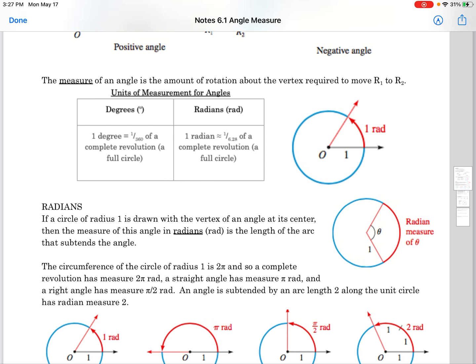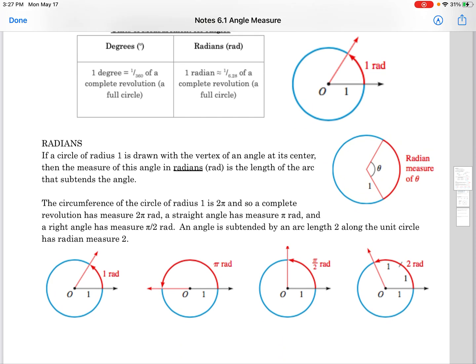So if a circle has a radius of 1 and its vertex is at the center, then the measure of an angle in radians is going to be the length of the arc that subtends the angle. So it's that arc length, if you think back to geometry, that's going to be real important here. So the circumference of a circle of radius 1, right?